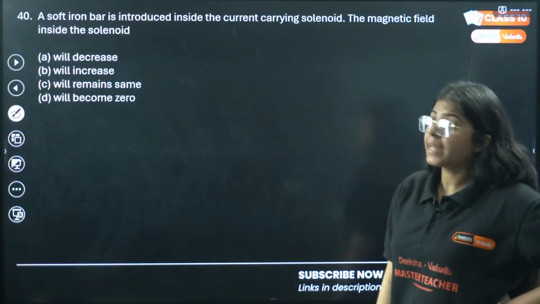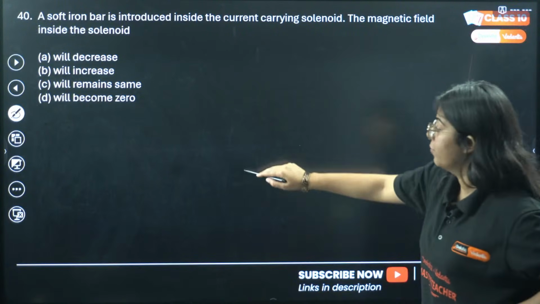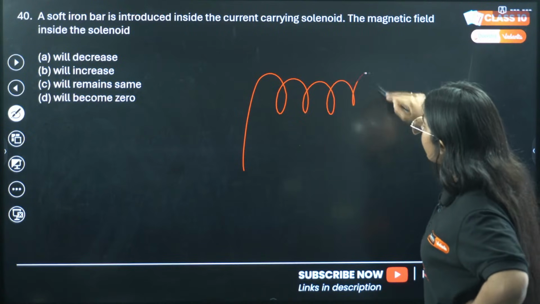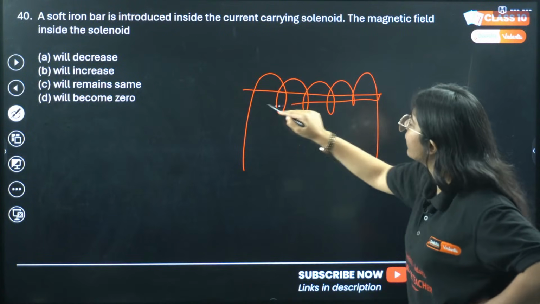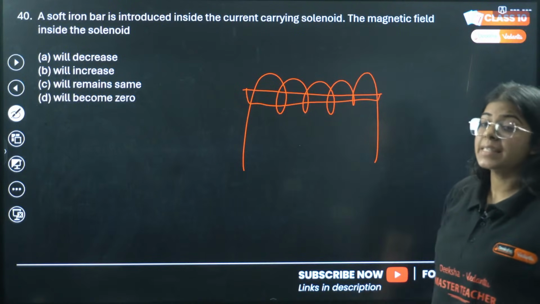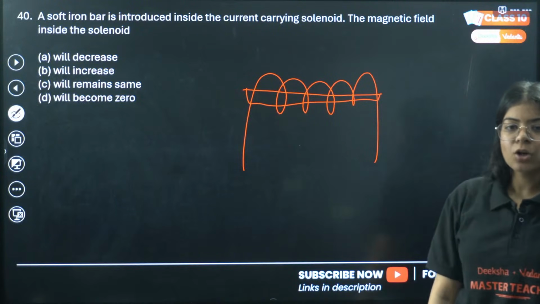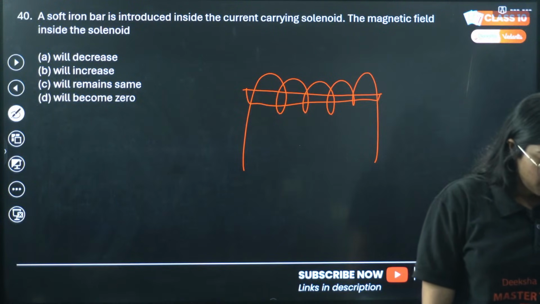A soft iron bar is introduced inside the current carrying solenoid. There is a solenoid and we introduce a soft iron bar inside this solenoid. The magnetic field inside the solenoid will do what? Will it increase, decrease, become zero, or remain the same?